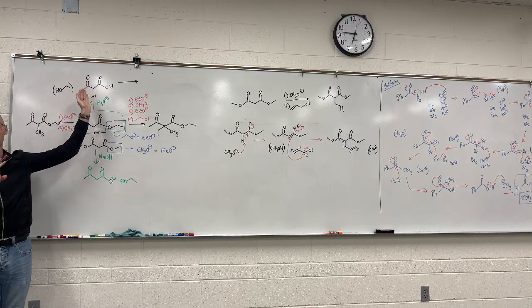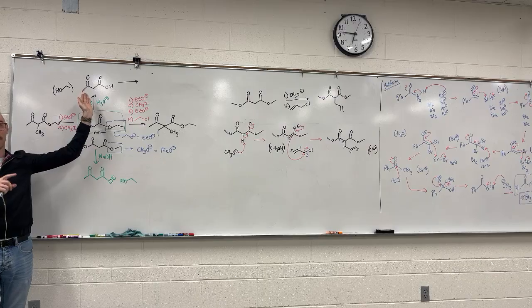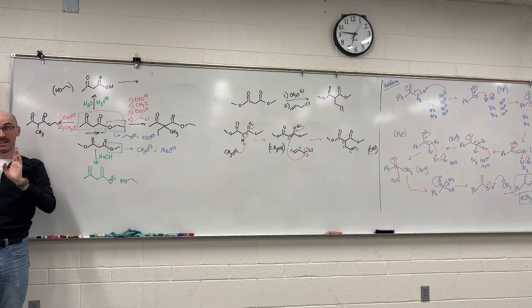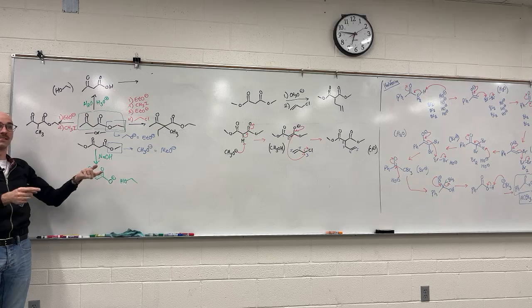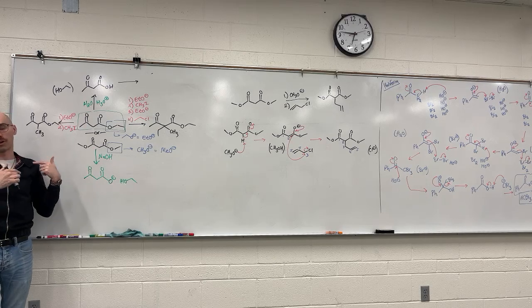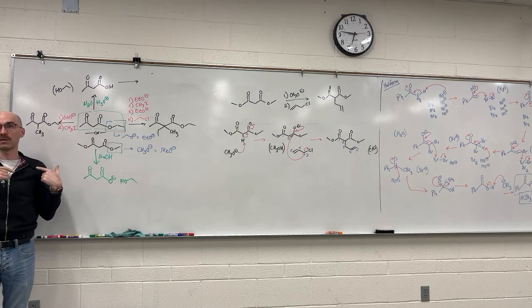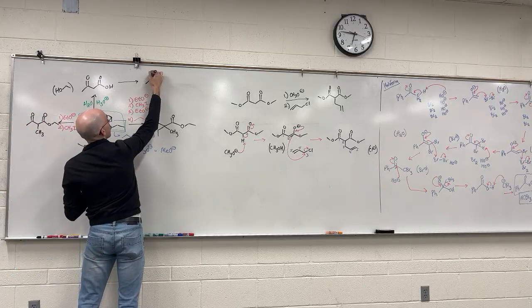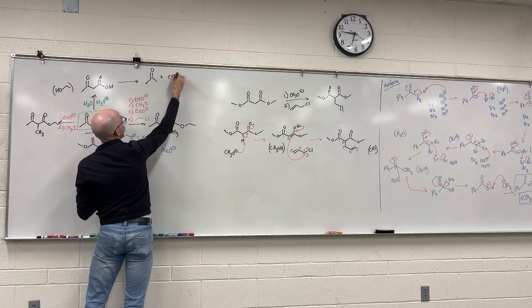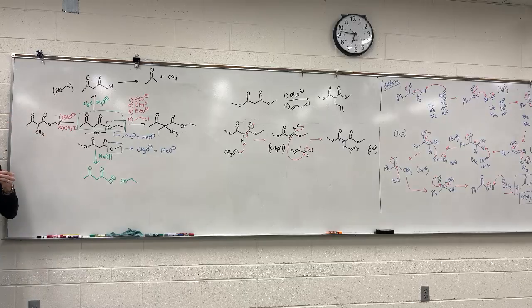I want you to call it that. I want you to recognize that it's not just a carboxylic acid, but it's a carboxylic acid with a ketone or any other carbonyl on its beta position. And we can convert this into a carbonyl and carbon dioxide.